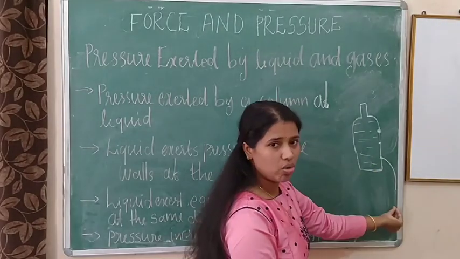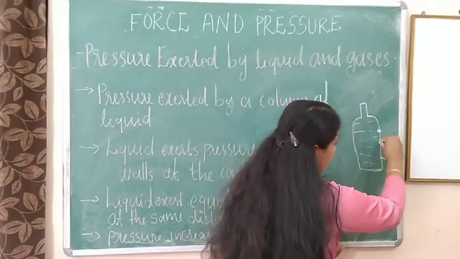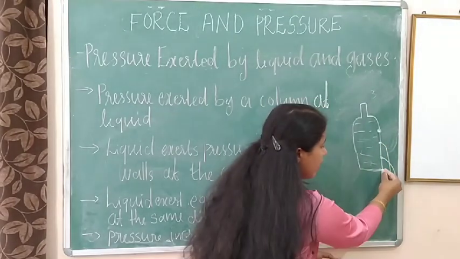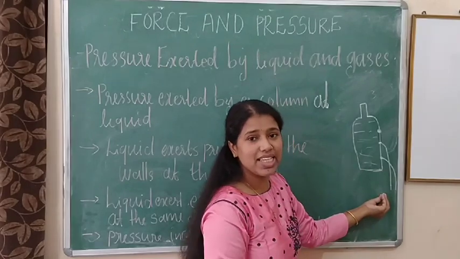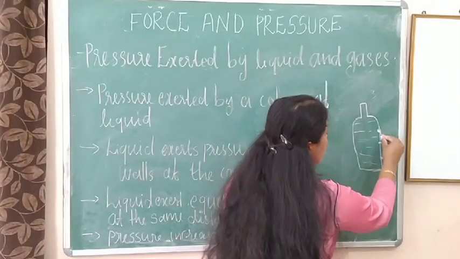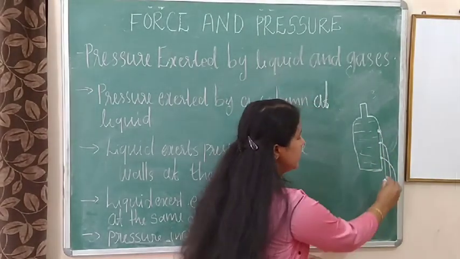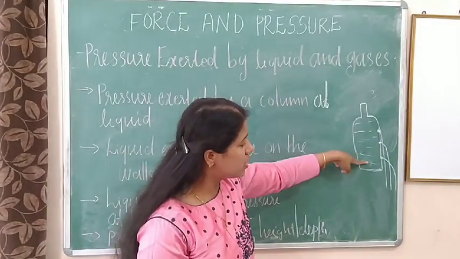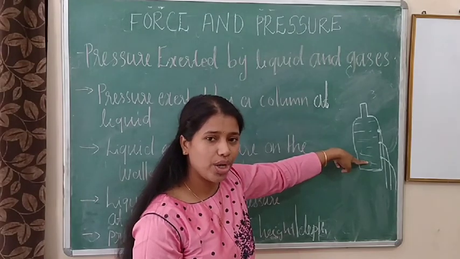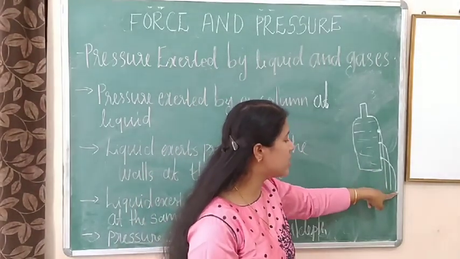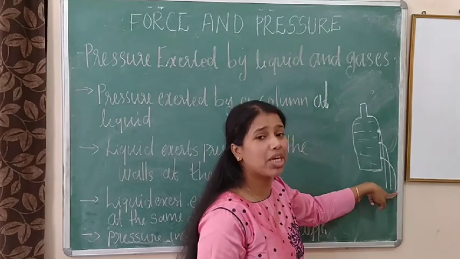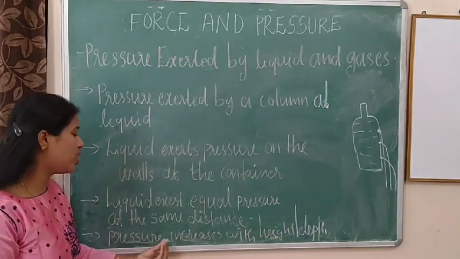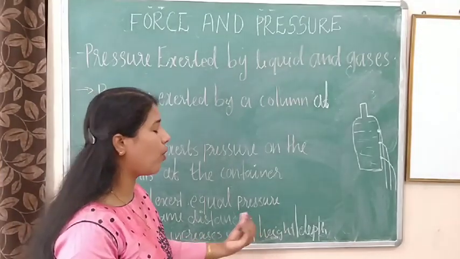Compared to the first one, the second hole's distance is less, and the third one is again less. According to depth, this distance is more, so pressure is more. That's our last activity: pressure increases with height or depth.